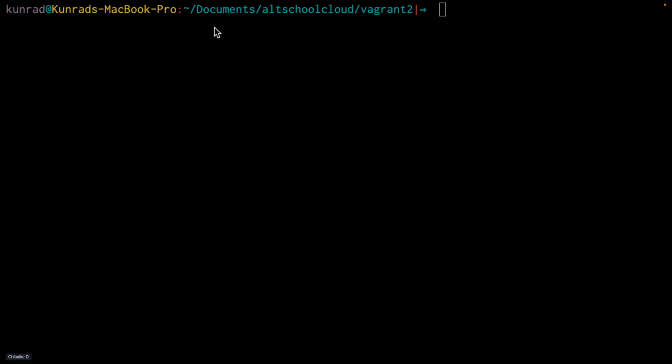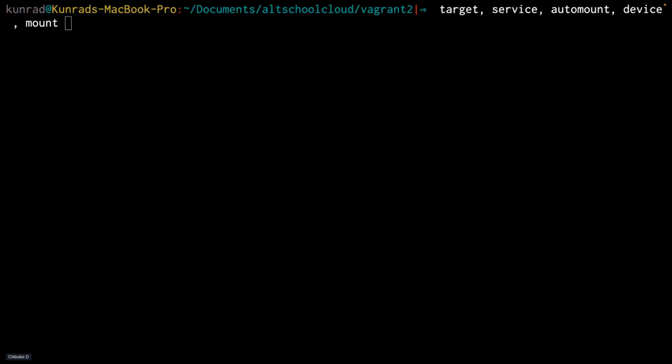Now, these are some of the units that exist. We have the target unit. We have the service unit, which is what systemctl manages. We have the automount unit, the device unit, the mount unit, and so on and so forth. Can you see my screen?